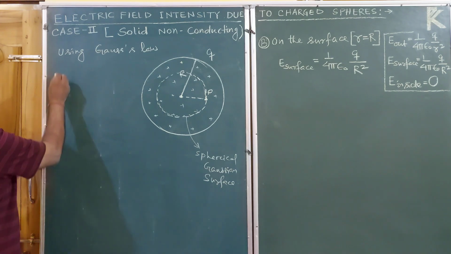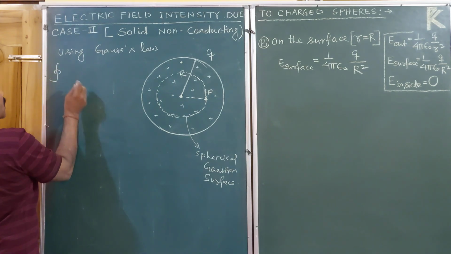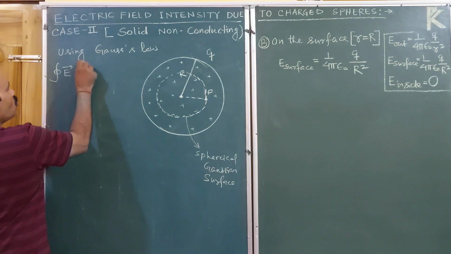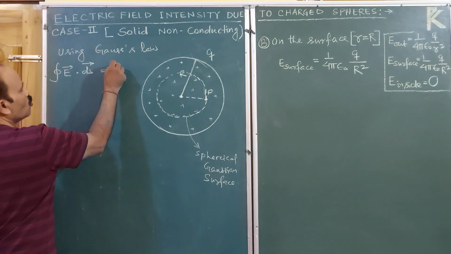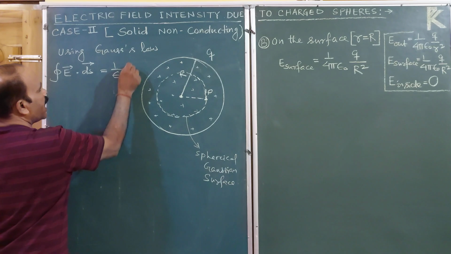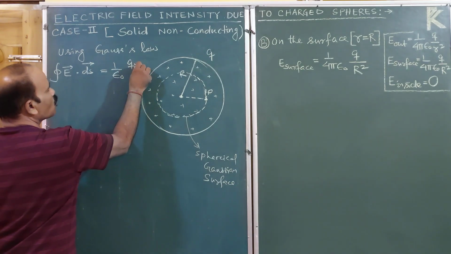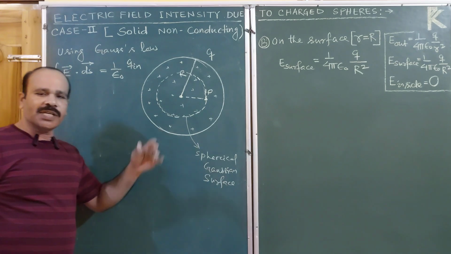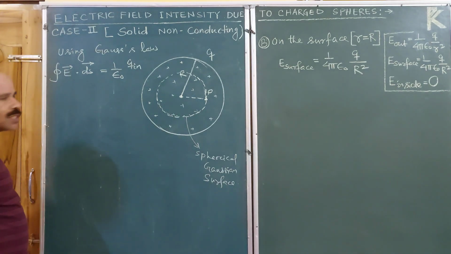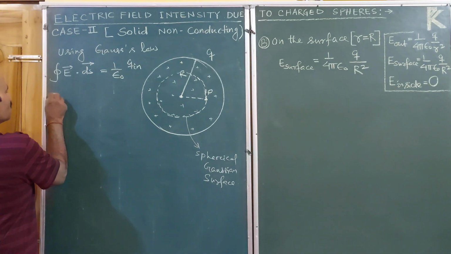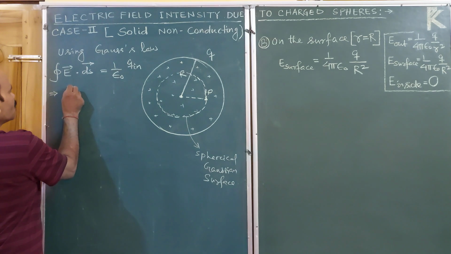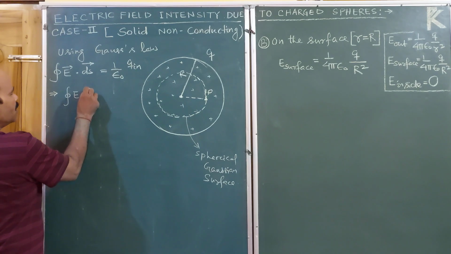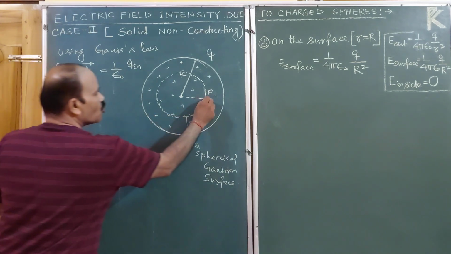Tell me, what is this? So the mathematical expression, integration E dot ds will be equal to 1 upon epsilon naught times the total charge enclosed within the closed surface. Closed surface is our spherical Gaussian surface. Okay. चलो आगे बढ़ते हैं. देखो क्या होता है. So integration over closed surface E ds, again cos 0, you see.